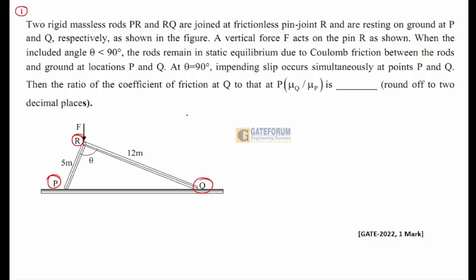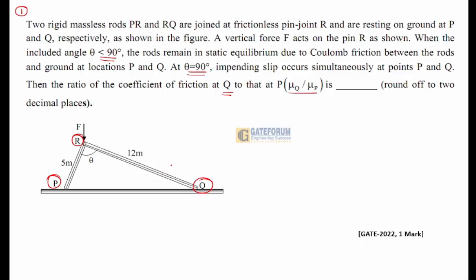The vertical force F acts on the pin R as shown when included angles are less than 90 degrees, and the rods remain in static equilibrium due to Coulomb friction between the rods and the ground at locations P and Q. At theta equal to 90 degrees, impending slip occurs simultaneously at points P and Q. The ratio of coefficient of friction at Q to that at P, mu Q by mu P, is dash.